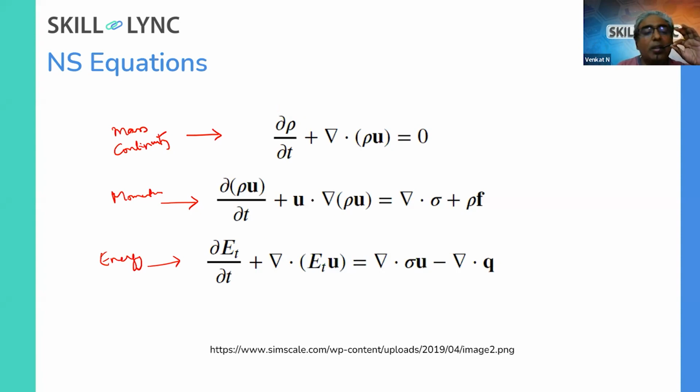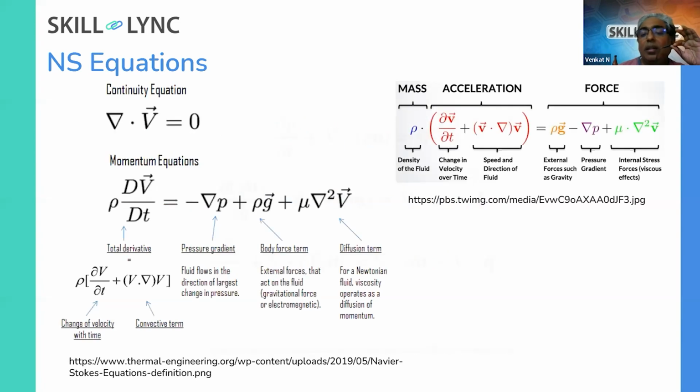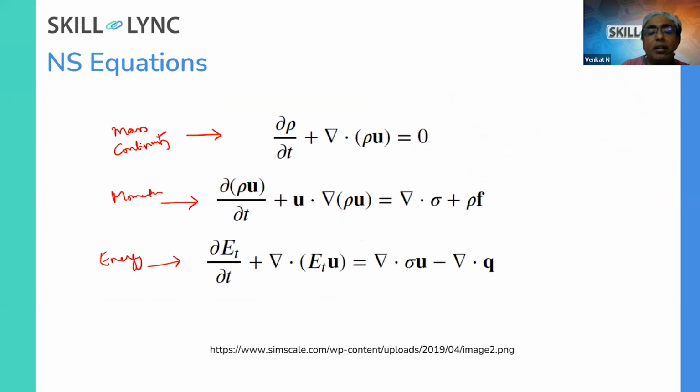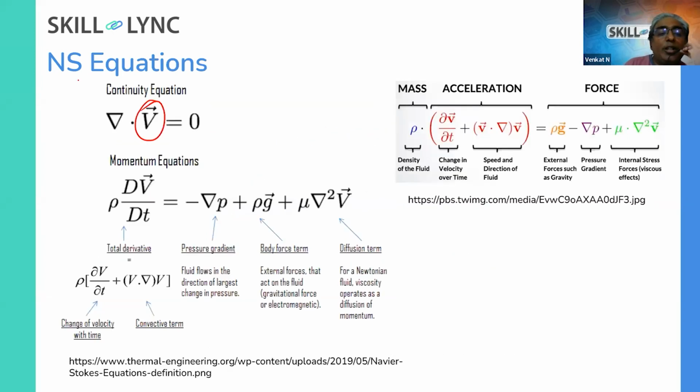So we'll go to the next slide. Now here, here also we are talking about vectorial form only. You can see V cap, V cap, V cap. Here we have given some significance for these terms. If you look at the previous expression and this continuity equation, you can see that dou rho by dt plus del dot rho v was equal to 0, right?